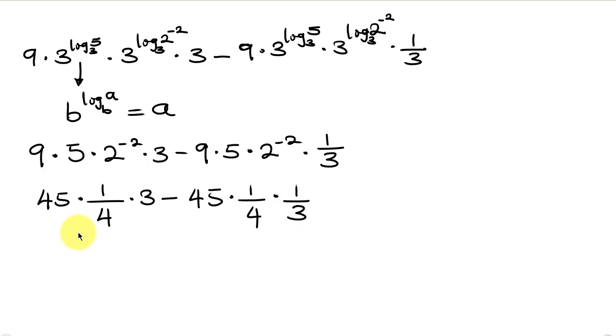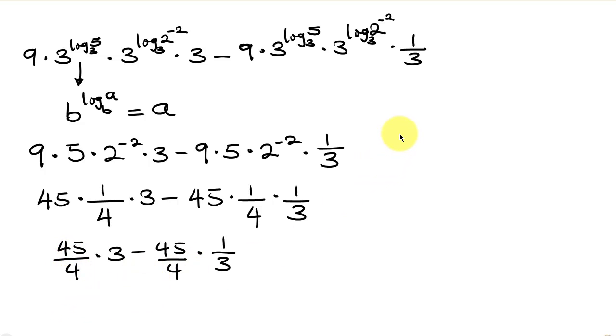That is it. Now I can write this together, writing this as 45 times 1 is 45. So this is 45 over 4 times 3 minus 45 times 1 over 4 is 45 over 4 times 1 over 3. Now we can factor out 45 over 4 from here because it is common.